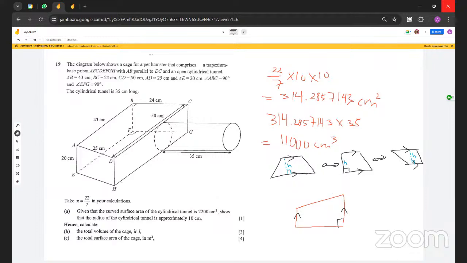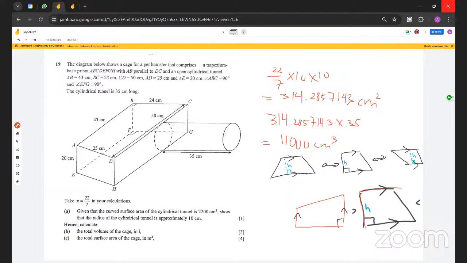Sorry, just a minute. Okay, there you go. Now, isn't the area of a rectangle very easy?